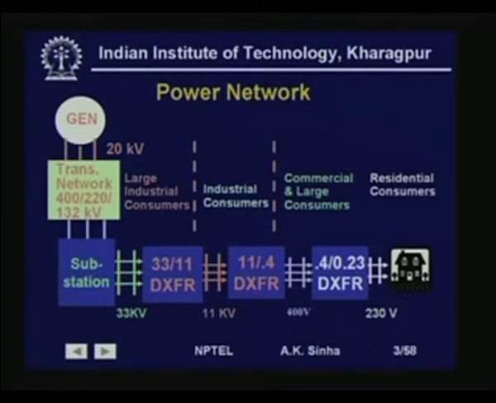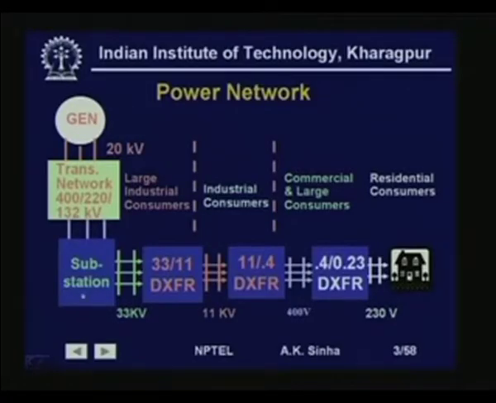So, we need again a transformer to step down the voltage from the transmission level to sub-transmission level, and so we use these step down transformers here at the substation to step down the voltage to maybe 33 kV.